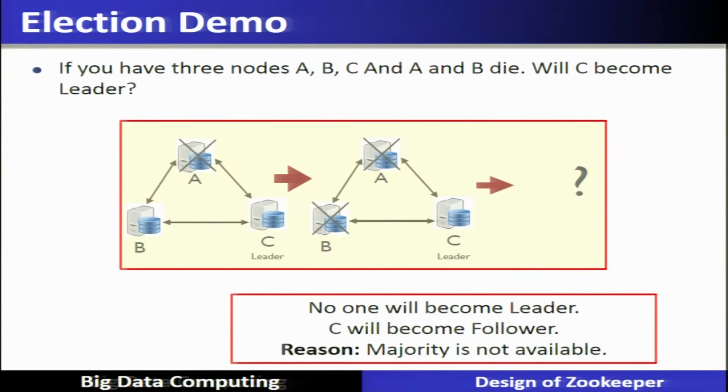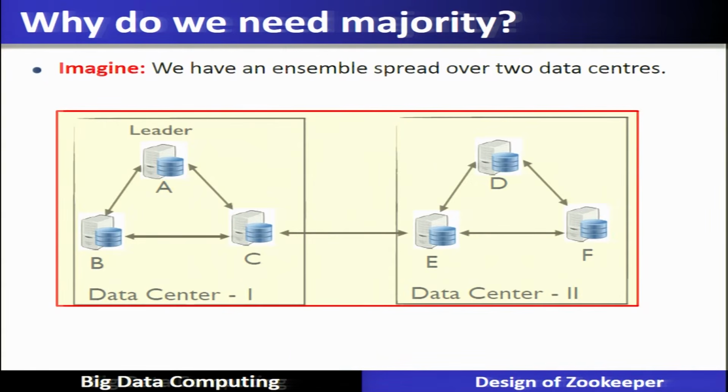The answer is no. No one will become the leader. Why? Because C becomes a follower, and the reason is that the majority is not available if 2 nodes die. Therefore, leader election will happen as long as, after the failure, the majority of the servers are surviving.